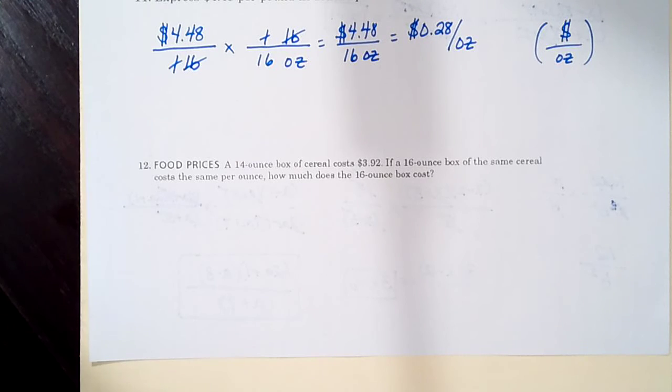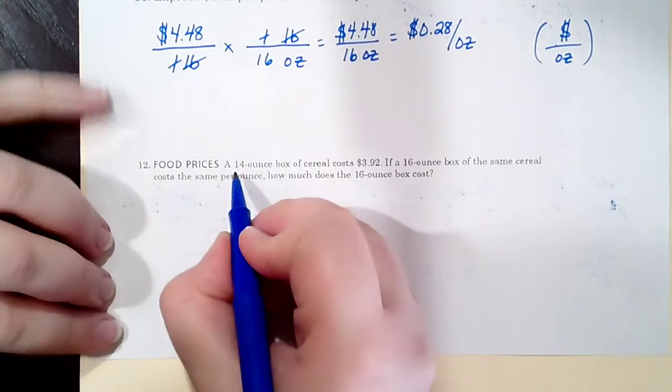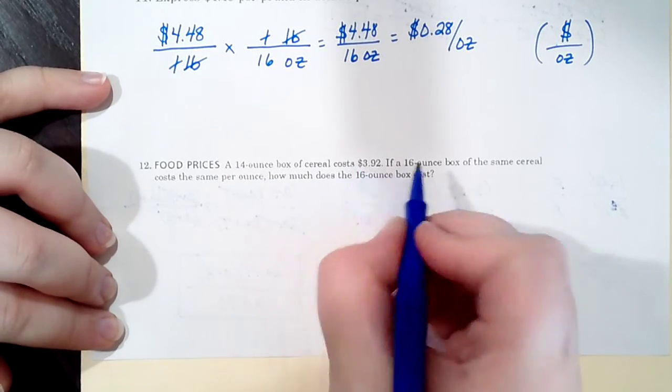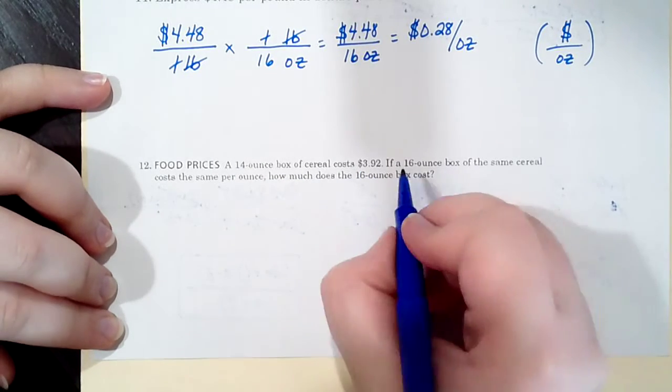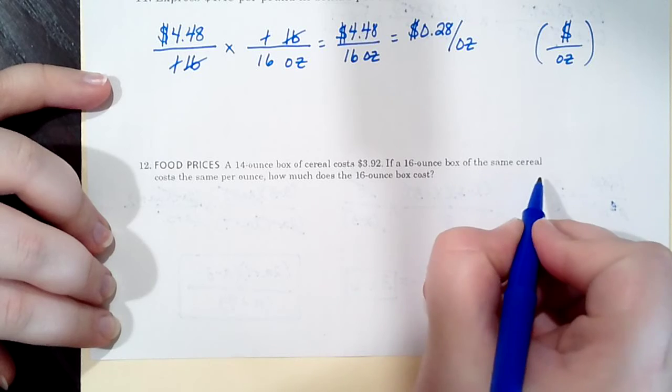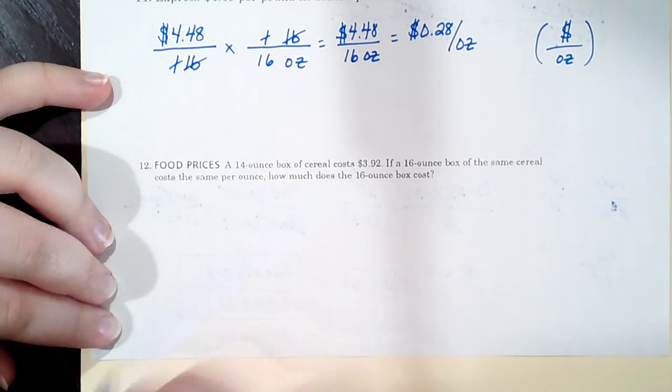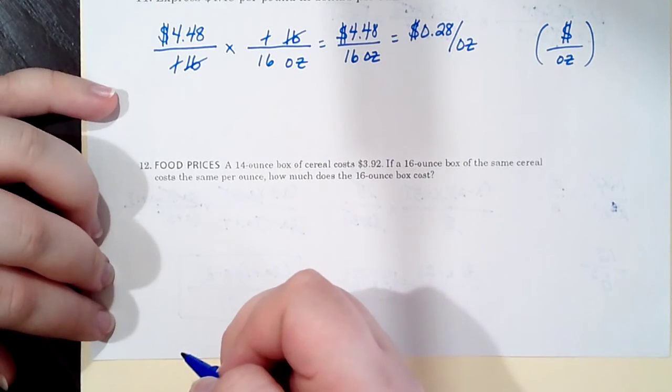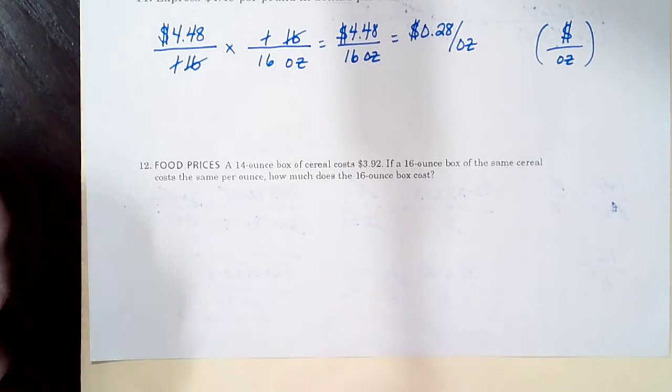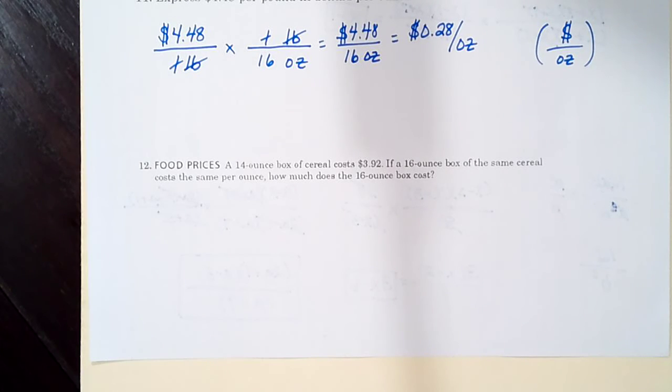All right, let's do this one together. A 14-ounce box of cereal costs $3.92. If a 16-ounce box of the same cereal costs the same per ounce, how much does the 16-ounce box cost? Oof, there is a lot to that one. But we have to first start out with the information we have.